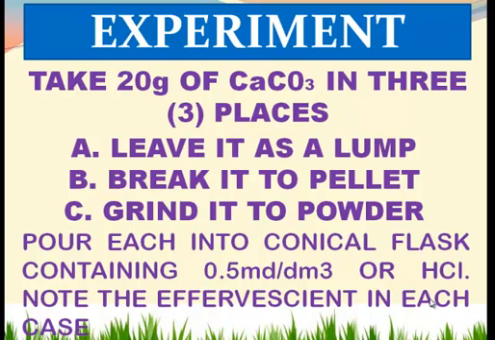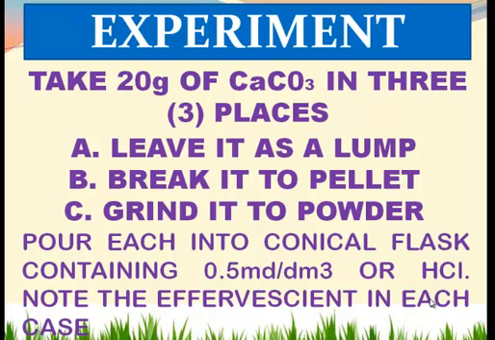You will see that there is flask A, flask B, flask C. Each of them contains hydrochloric acid. Then you pour the lump there, the one broken into pieces there, and the one ground into powder there.